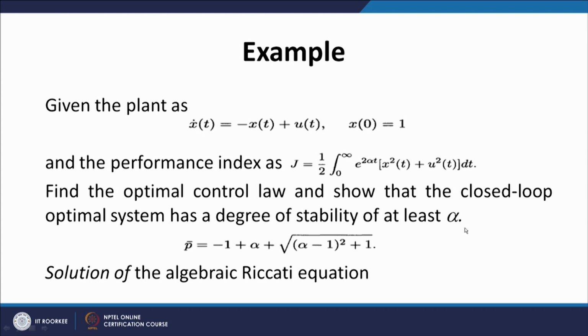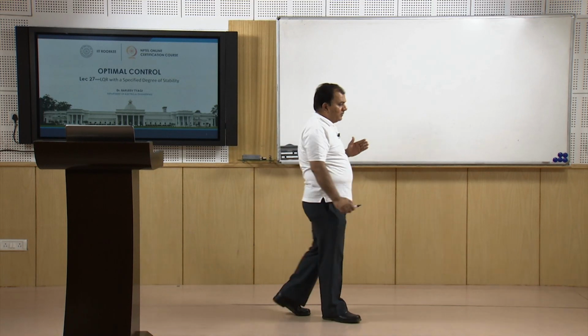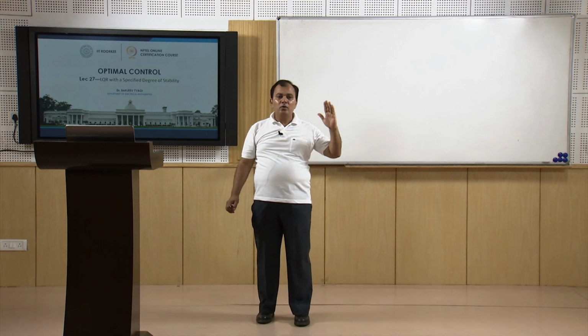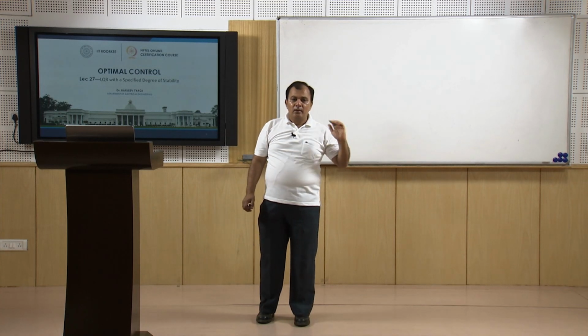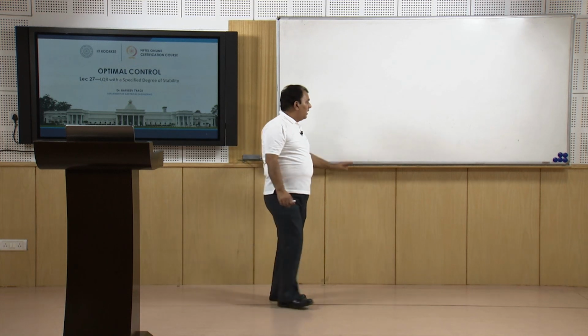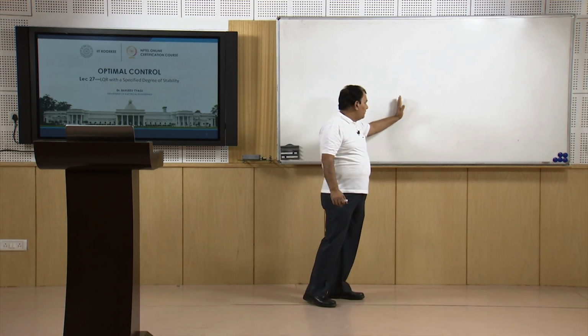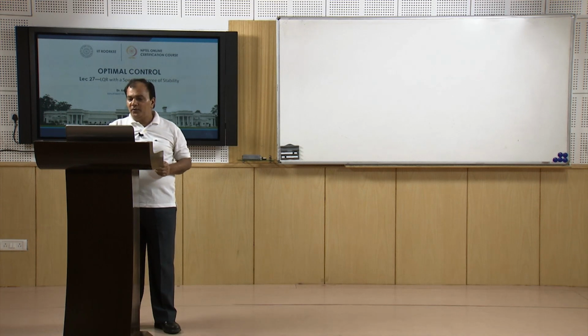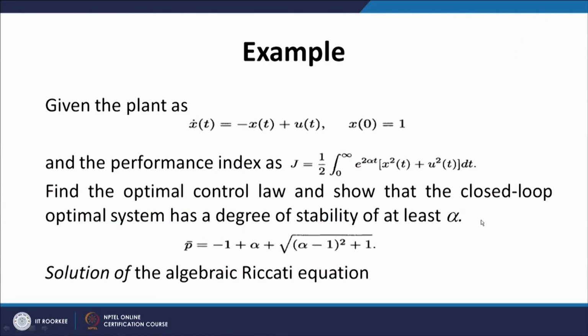This means my closed loop system will have its eigenvalue to the left of the minus alpha line. So, the minimum degree of stability we can achieve by this is alpha.